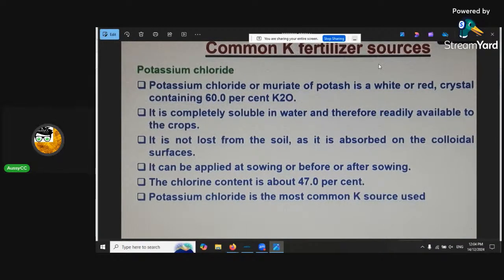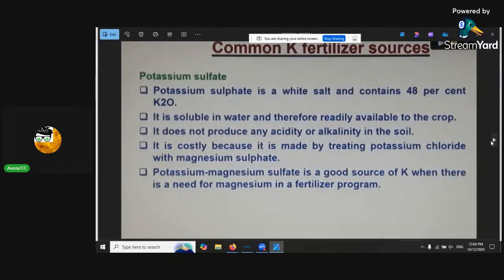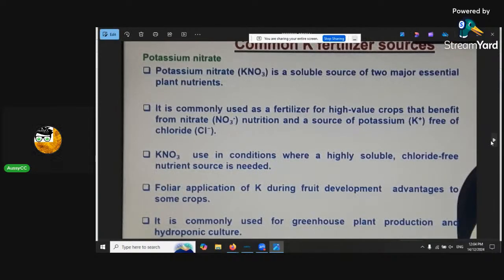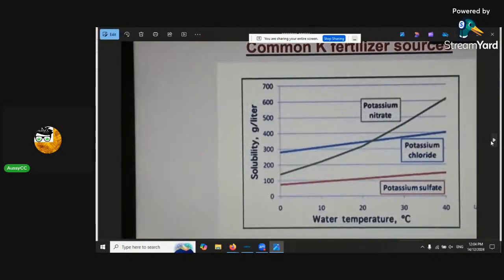Common potassium fertilizer sources. Nope. But this is going to go through potassium nitrate. You can see the solubility in grams per litre on the y-axis to water temperature.